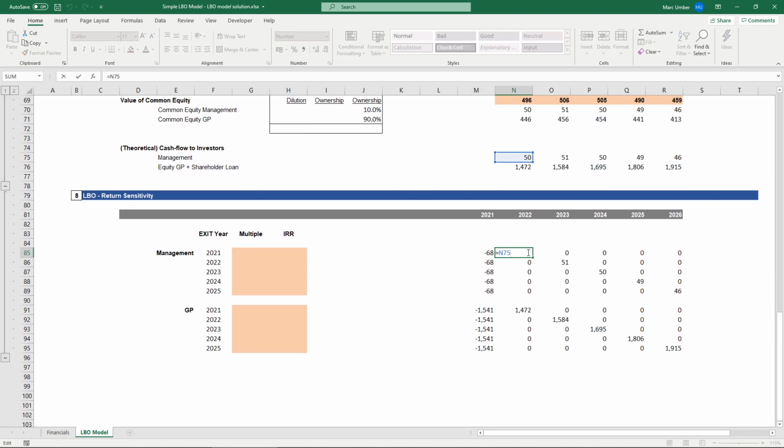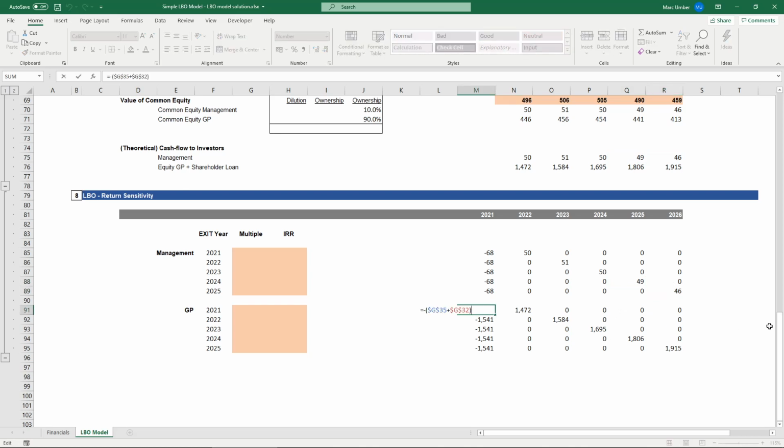We have a matrix that links to a hypothetical cash redistribution to the management on the basis of an estimated enterprise value at the end of each respective year. The same is true for the general partner.